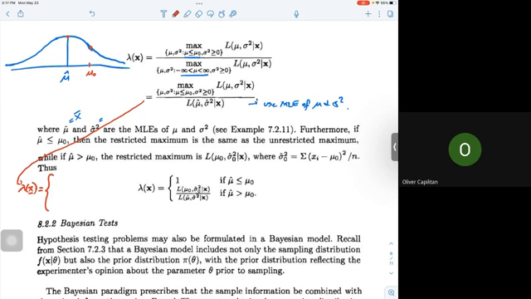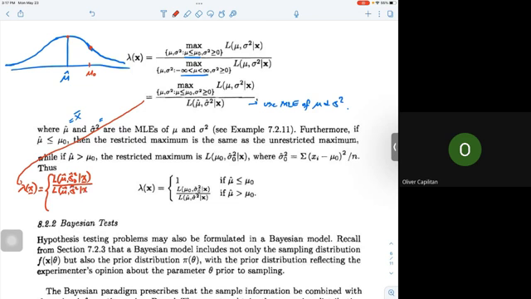So that is why yung sa numerator natin will still have mu hat. So the likelihood function of mu hat and sigma sub 0 hat square given our sample x, divided by, ano yung denominator natin? Pareho lang. Mu hat and then sigma square hat.